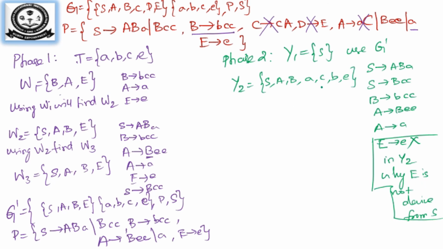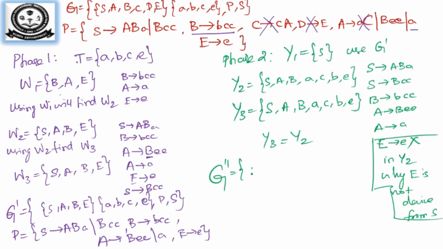So you will close Y2. Now similarly Y3: you can see there will be no change, only these rules will be there. So you will have C, B and E. You can see Y3 is equal to Y2. So my reduced grammar G dash will have the non-terminal symbols S, A and B, and my terminal symbols are a, c, b and e.